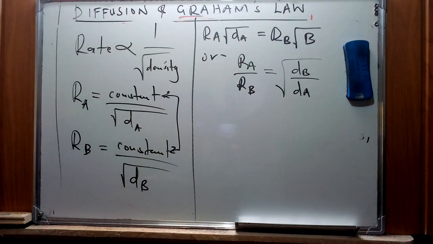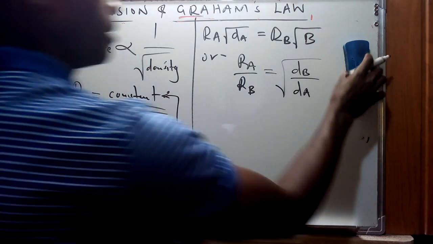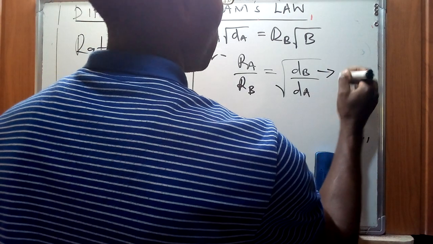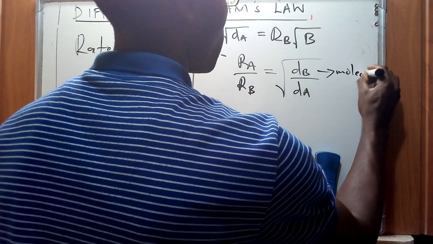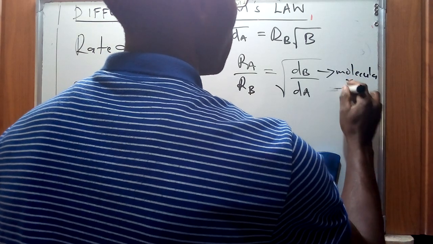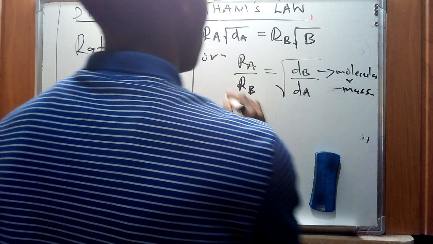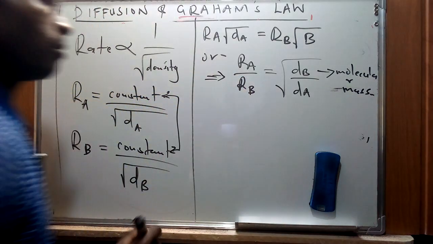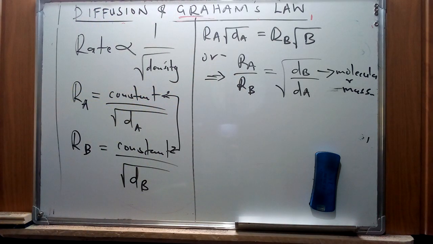So basically, since the density is directly proportional to molecular mass, we can do a comparison between this density and the molecular mass for specific gases. And therefore we have a different version of representation of this specific law using the relative molecular mass.